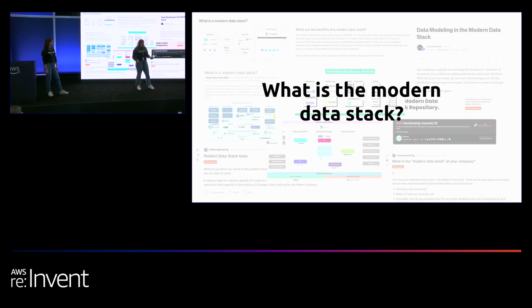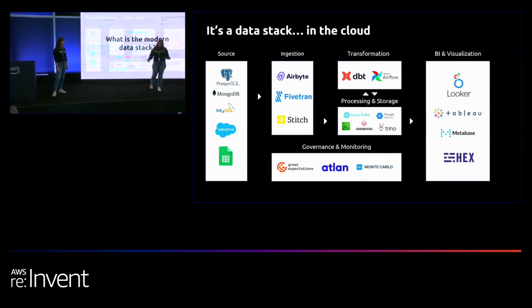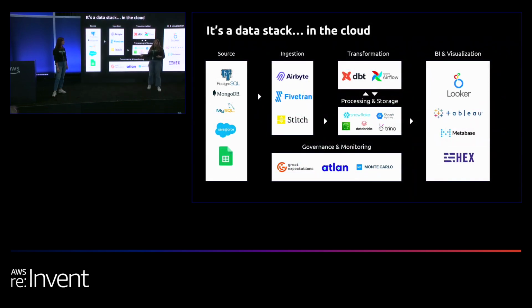And it's really interesting because as we look at all of the definitions of the modern data stack, they're all very different. Everyone has their own slice and perspective, which really just contributes to the allure that is the modern data stack. And while it started off as a really good idea, it's really just up-leveled the complexity that we have today. So, here's what the modern data stack traditionally looks like.